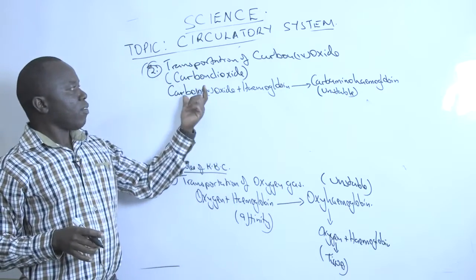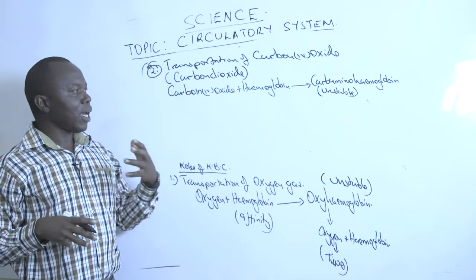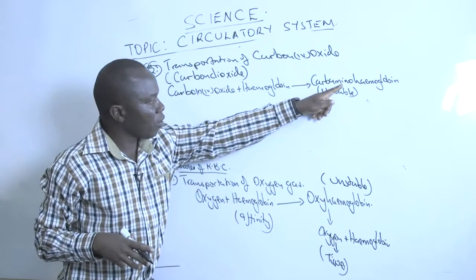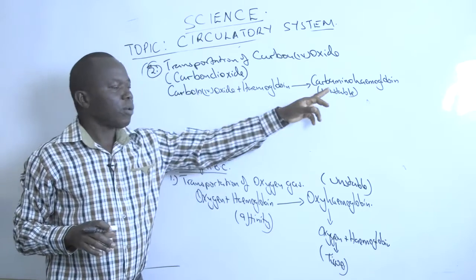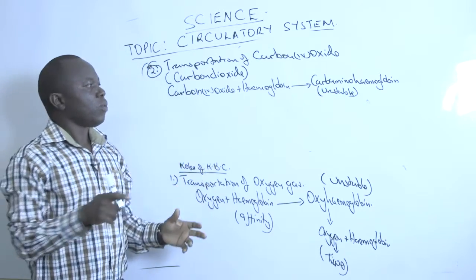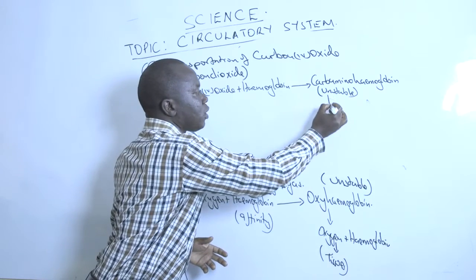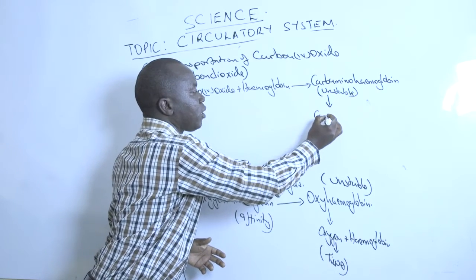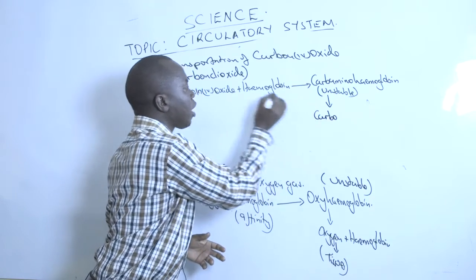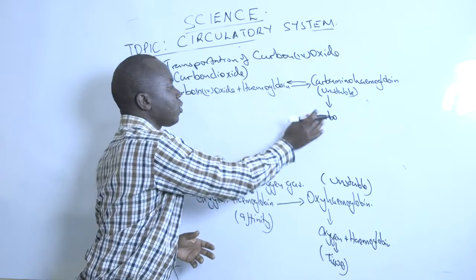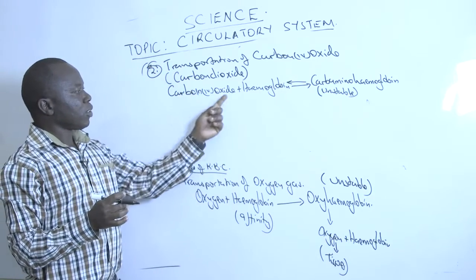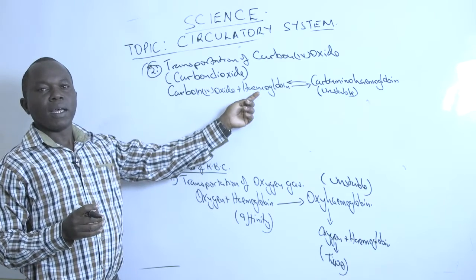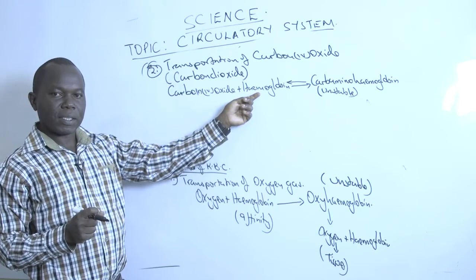So when we have red blood cells in the blood reaching the lungs loaded with carbaminohemoglobin, it dissociates into carbon dioxide and hemoglobin in the alveoli of the lungs.